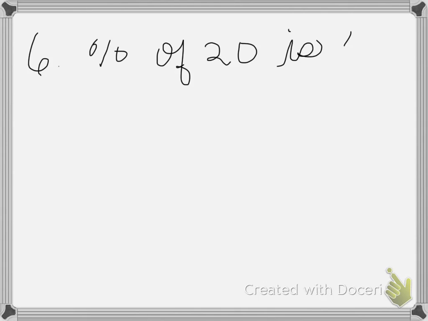Number 6. What percent of 20 is 4? So you don't know the percent, so you know it's going to be x over 100, of course, when you don't know the percent. Part over whole.